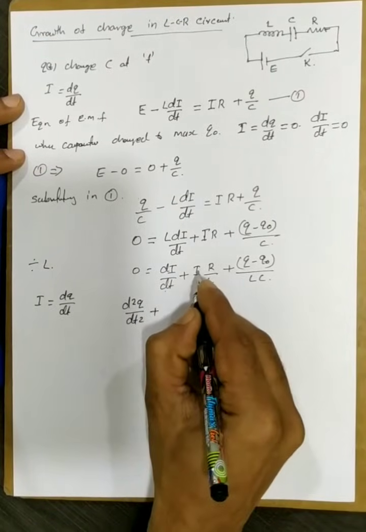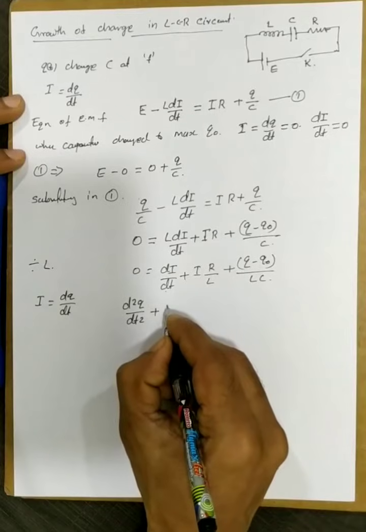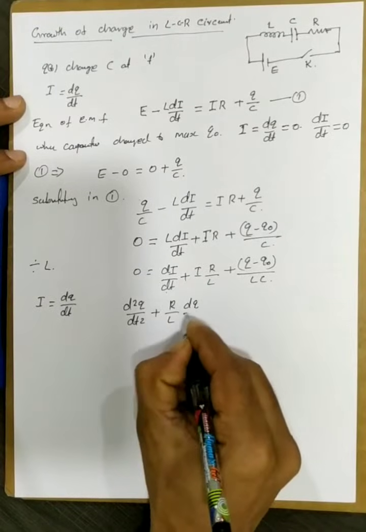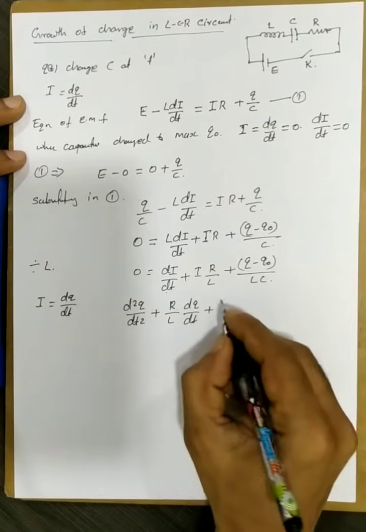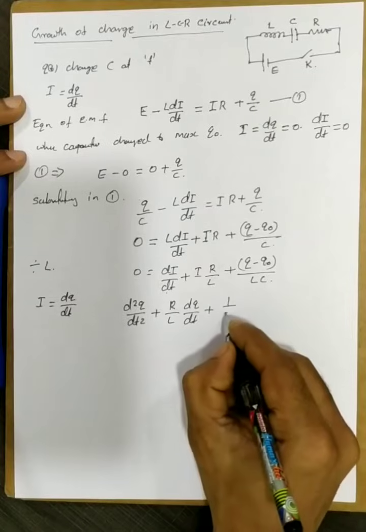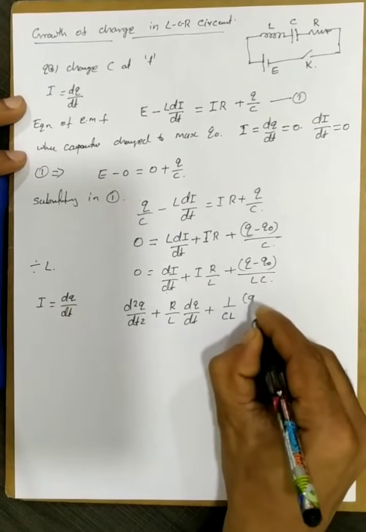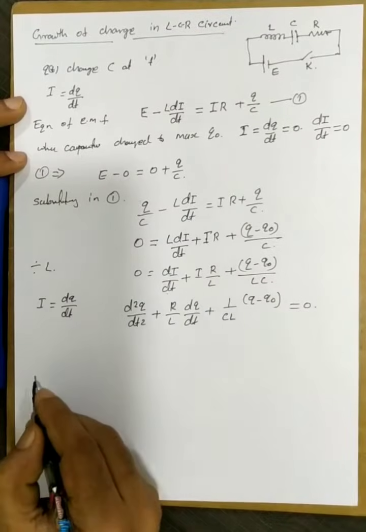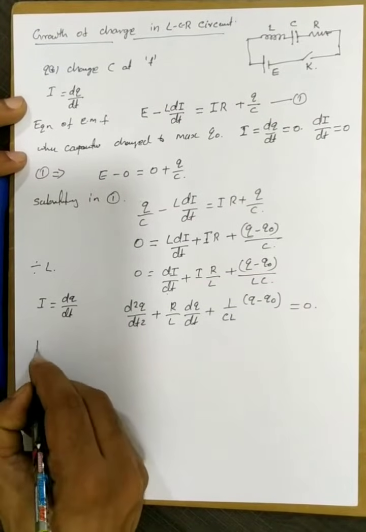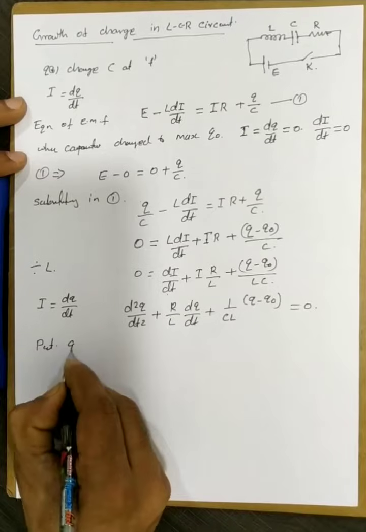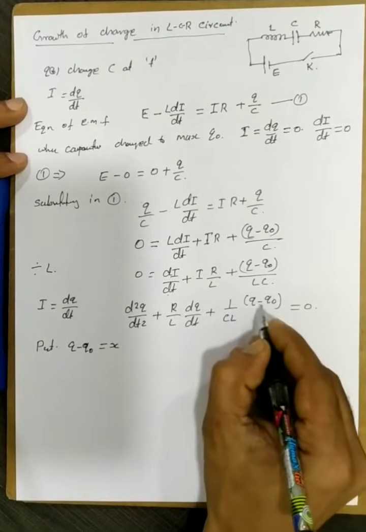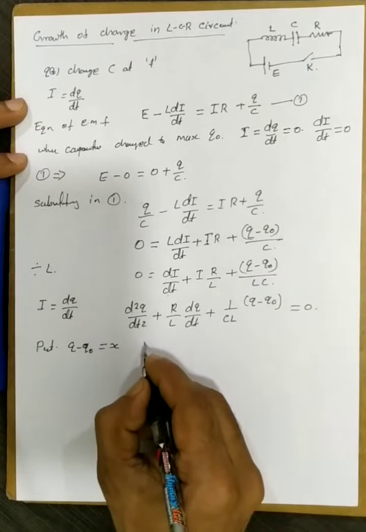Plus, for the second term, the constant R by L into I, that is dq by dt, plus 1 by LC times Q minus Q0, that is equal to 0. All terms are written on the left. Now substitute Q minus Q0 is equal to X.